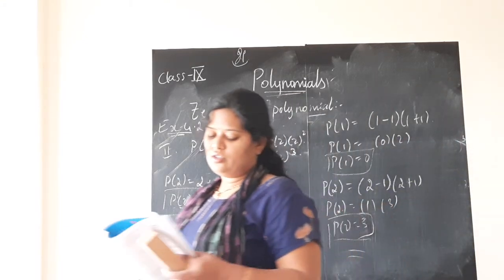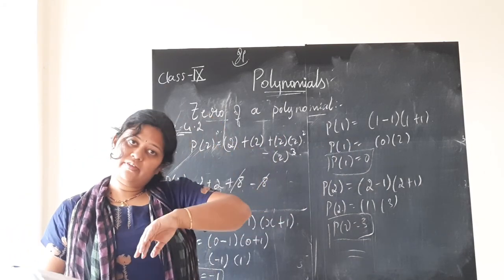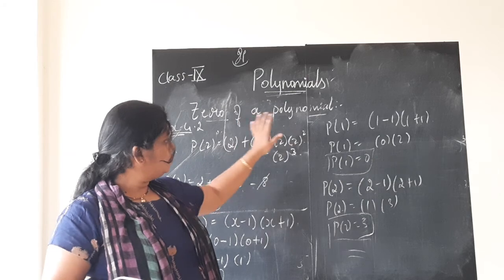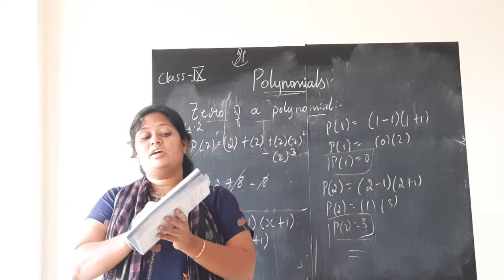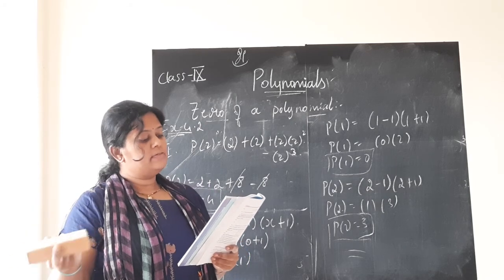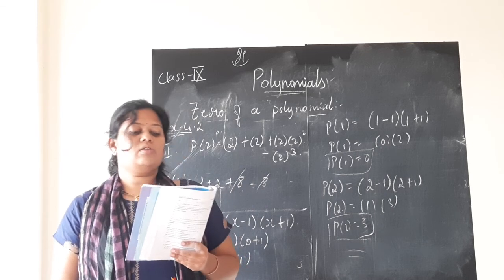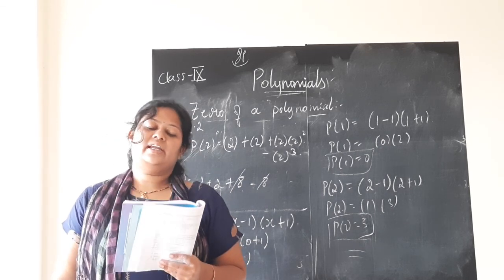That's all, children. So hope you understood. Either for one polynomial they may give different values and ask, or for different polynomials different values also they can ask. It is completely based on the given question. Third main, verify whether the following are 0 of the polynomial indicated against them.